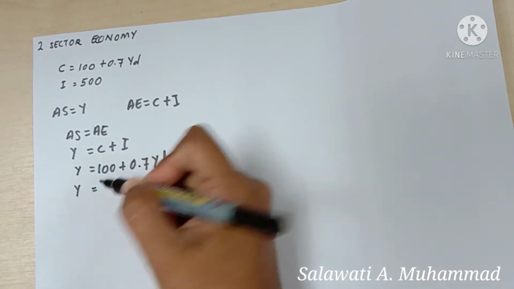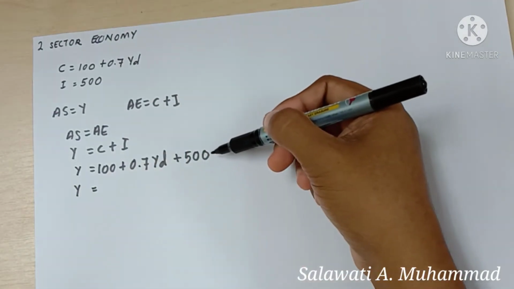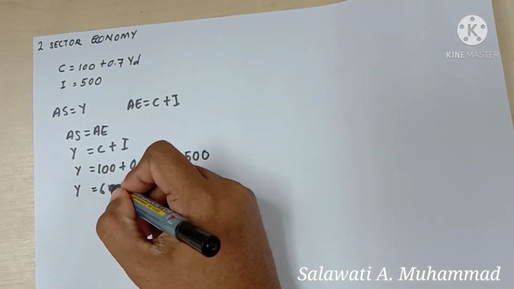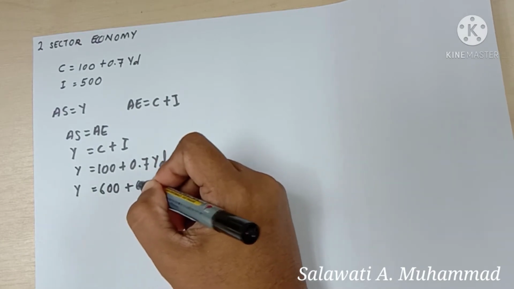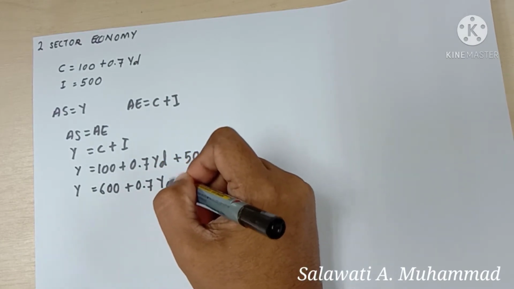So this is C plus I. Okay, we add 100 with 500, so we get 600 plus 0.7 YD.